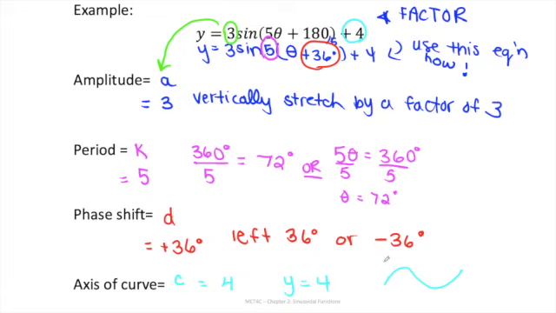If you had your graph here, that's going to be equal to 4 there. And then you're going to have your max and min around that 4, but all 3 of your points would be on y equals 4. So that is kind of putting everything together.